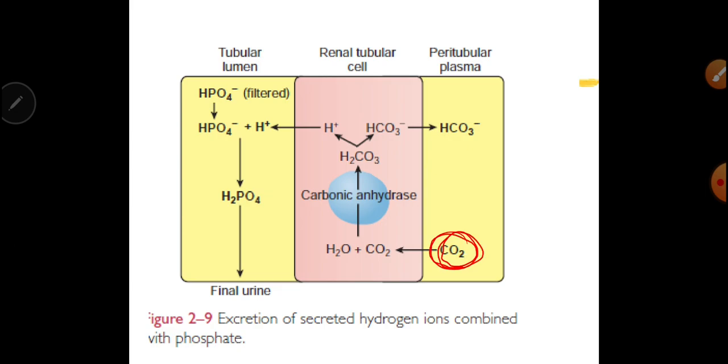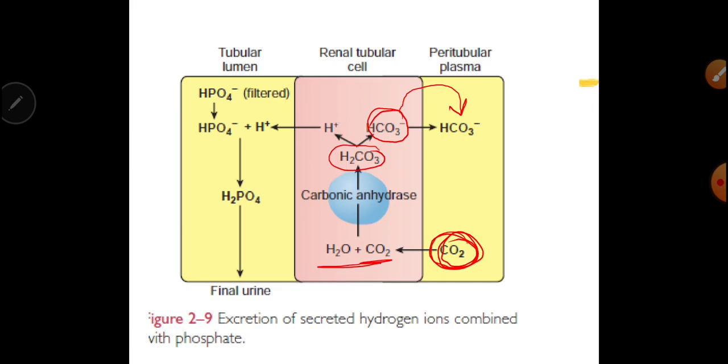CO2 is found inside the blood. The CO2 will enter the renal tubular cell and bind with H2O to form carbonic acid. Carbonic acid will be converted to bicarbonate. Bicarbonate, as we said before, will be reabsorbed into the peritubular plasma.